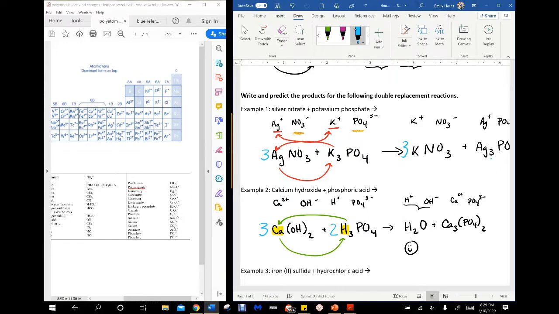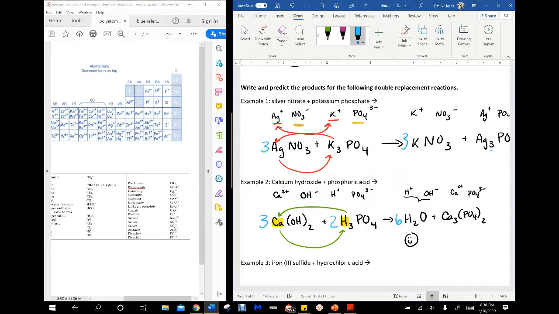I have 6 hydrogens in calcium hydroxide, 6 in my acid, so it's a total of 12. So I need to put a 6 in front of my water to get to 12 hydrogens, and that should fix my oxygens. 6 oxygens in water, 3 times 2, 6 oxygens here as well.